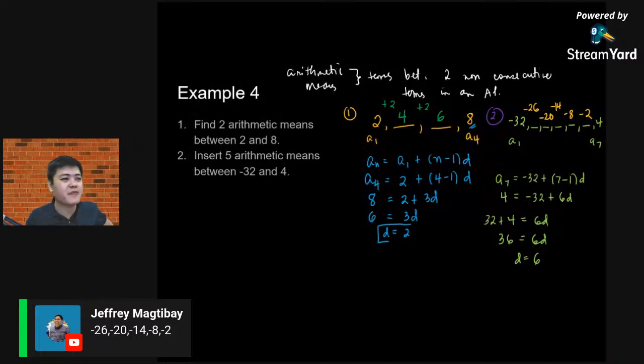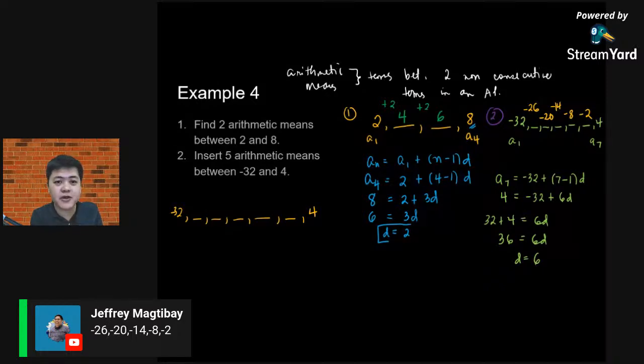So, tama. Now, may isa pang way before we end this live broadcast. Notice that dito, we have negative 32, tapos 1, 2, 3, 4, 5, and then we'll have 4. Pwede natin kunin yung average ni negative 32 at saka 4, yung midpoint.